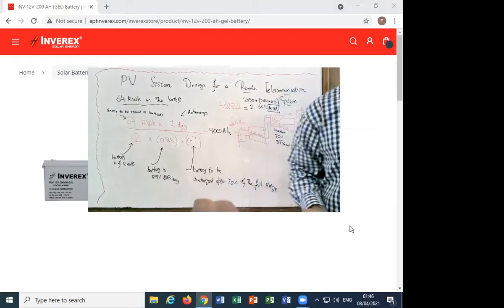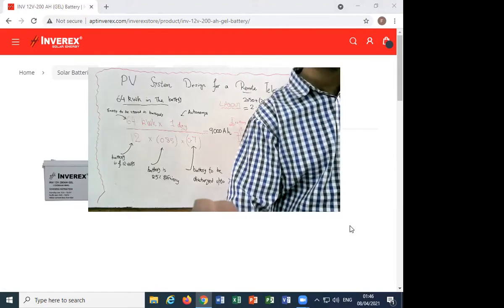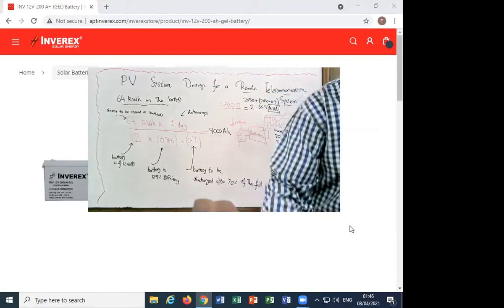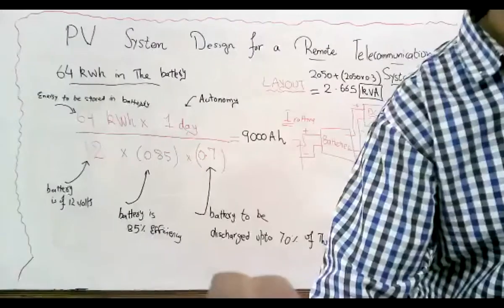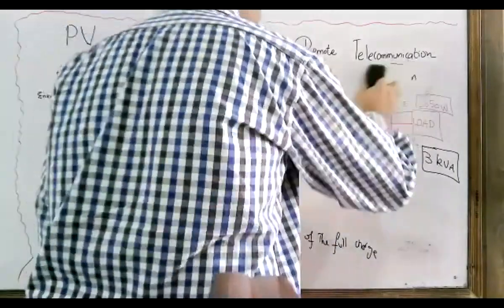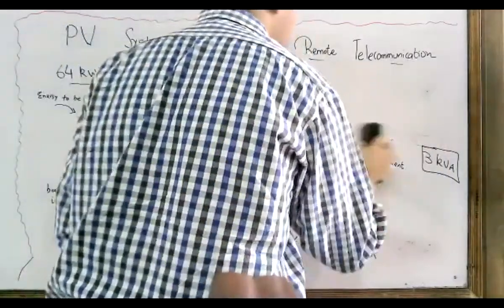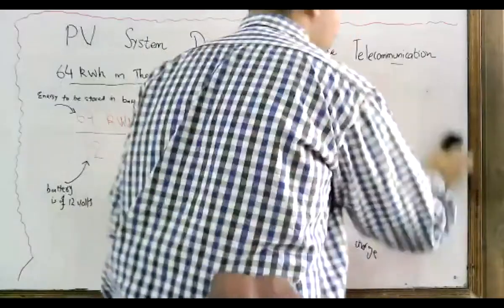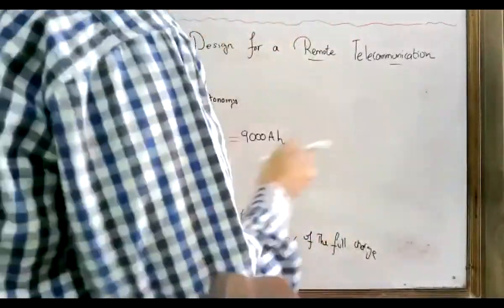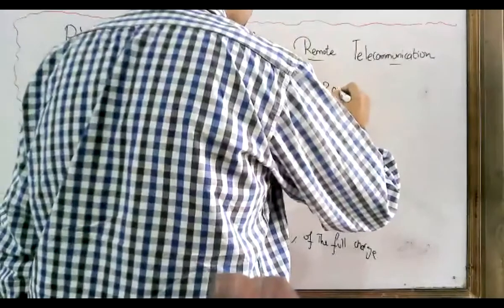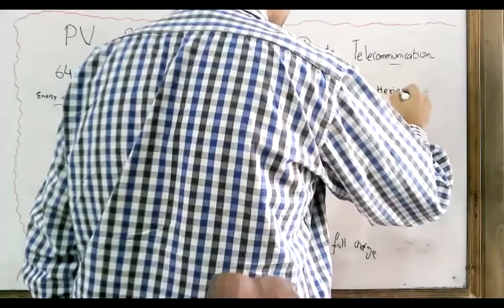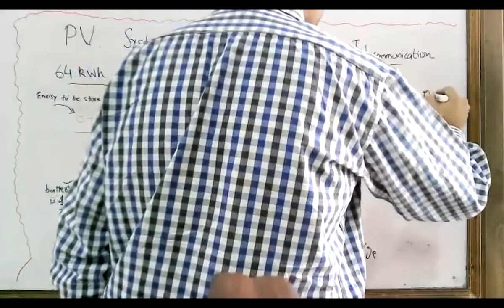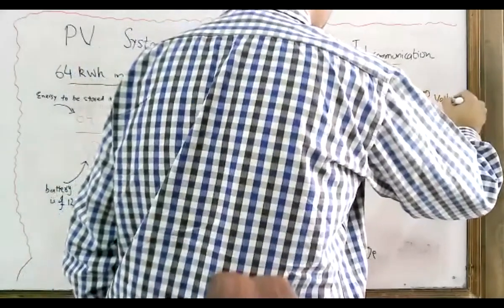So we are going to use 200 ampere hour batteries, and each battery is rated at 12 volts.